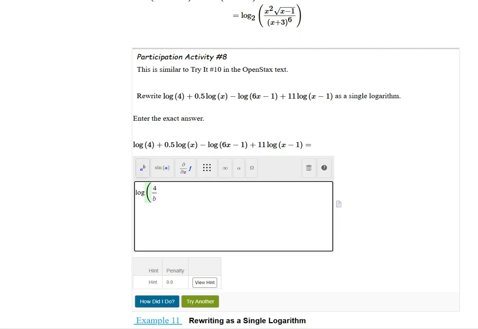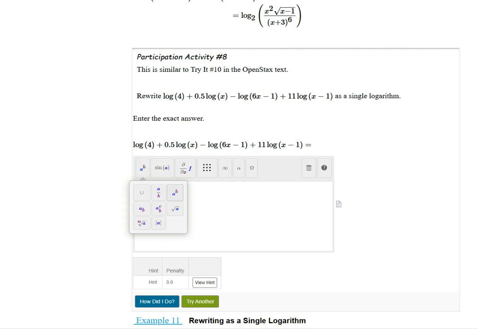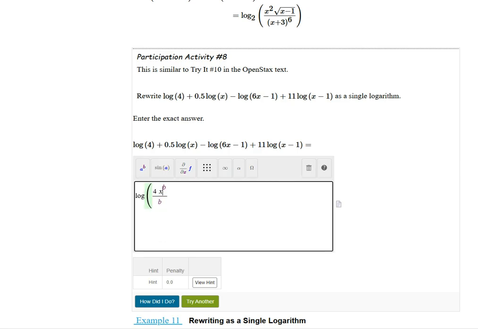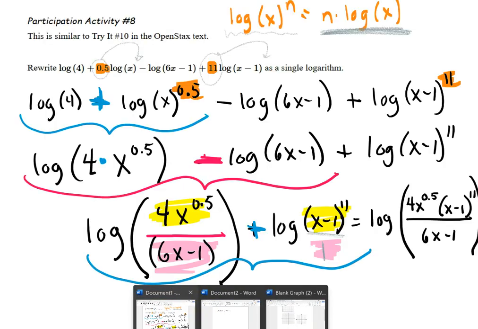And then I need an exponent, so a to the b, there you go, but my a is an x, and then scroll and delete the b and type in 0.5. Scroll down. All right, this is going to be fun. I need all of x minus 1 raised to the 11th, wasn't it? Hang on.